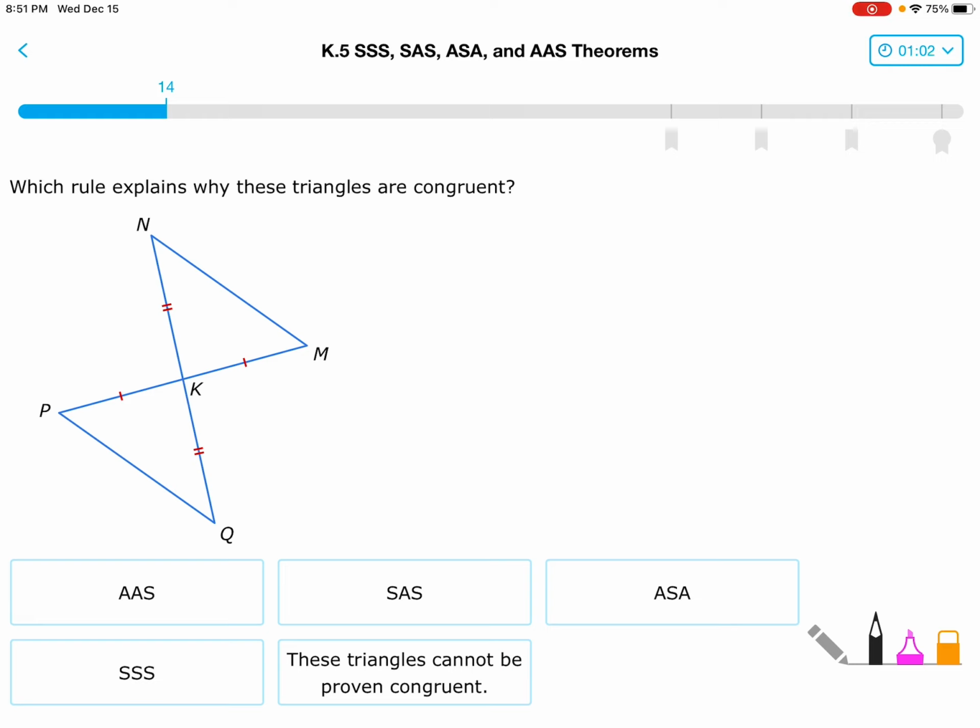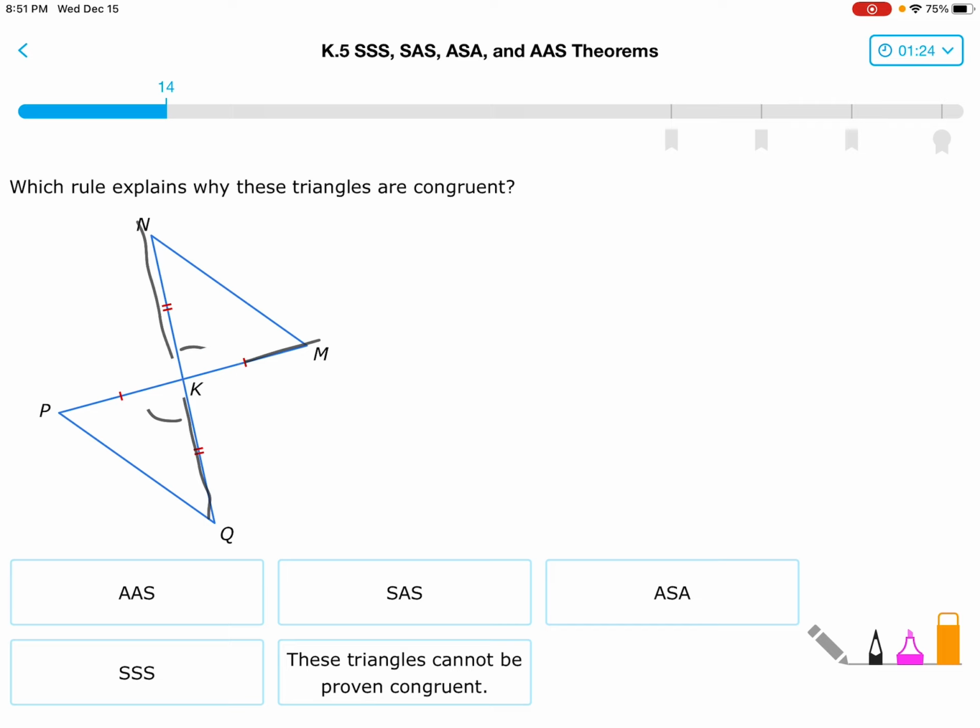What I'm not told, but what I'm allowed to say, is that I've got a few lines here that all intersect at point K. And what that means is, where these 2 lines intersect one another, I've got a pair of angles across from one another that I should know are the same.